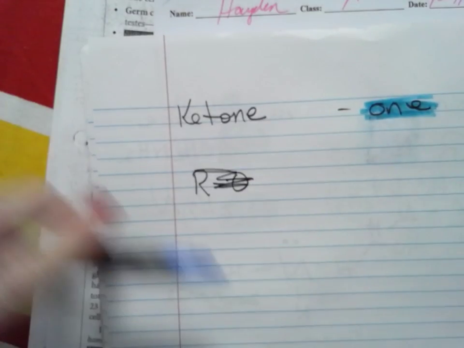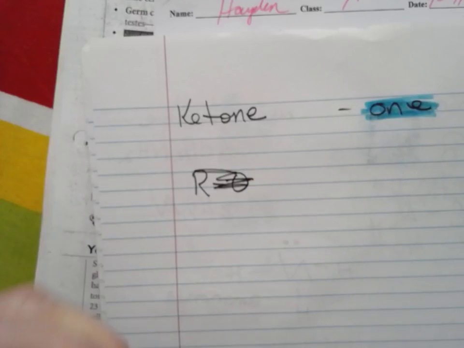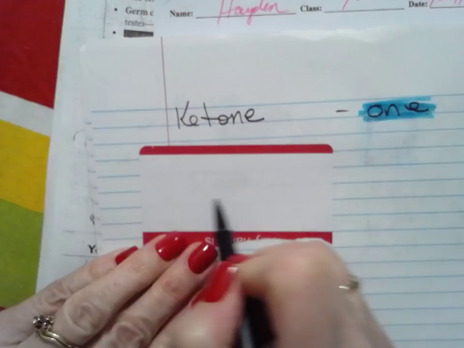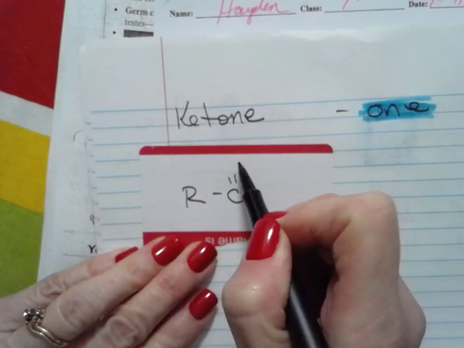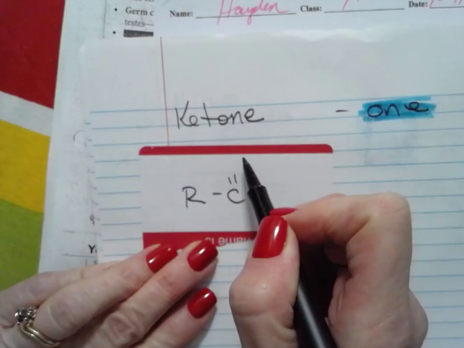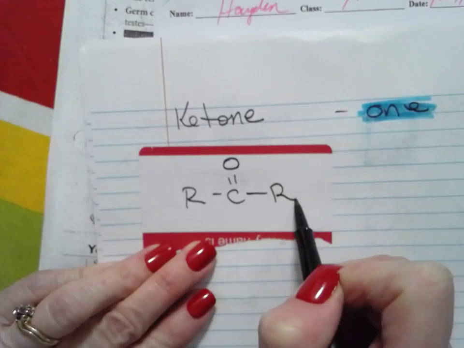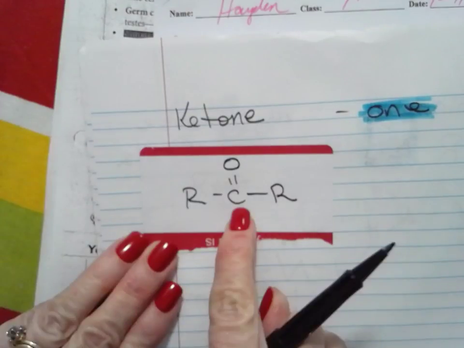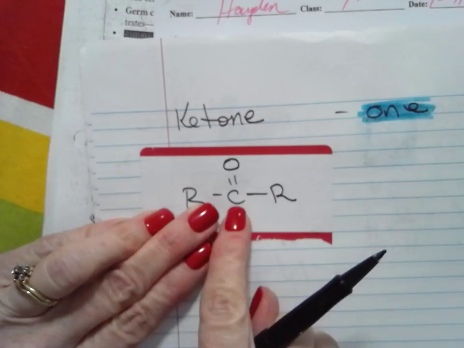hold on, I did that wrong. Don't write that down just yet. A ketone is going to have this carbon double bonded to an oxygen right here, and then stuff hanging off of both sides. This is a ketone.